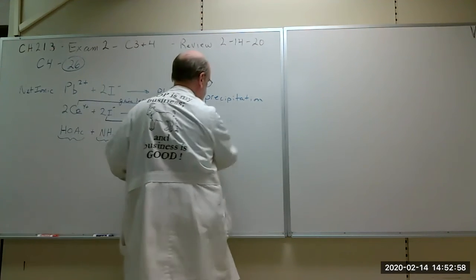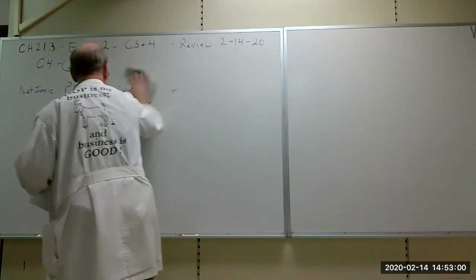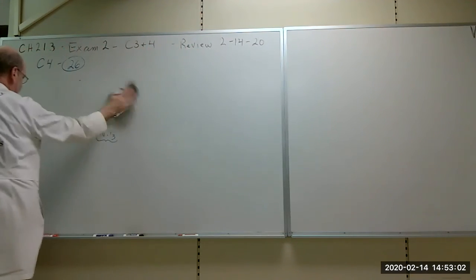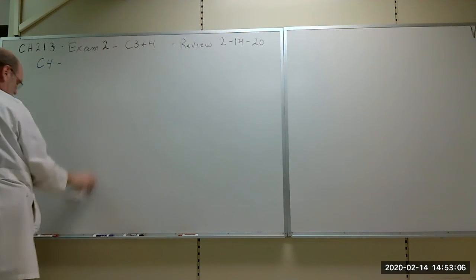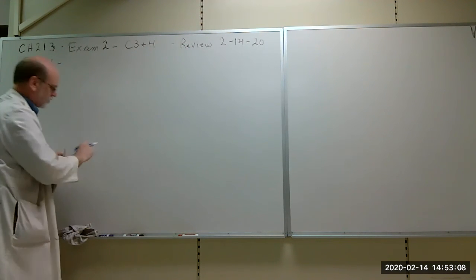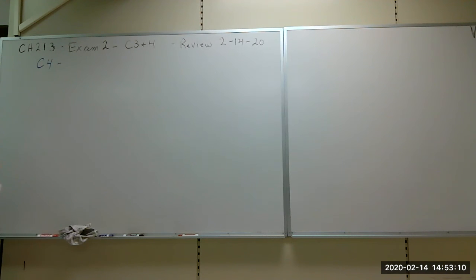Rules for oxidation states. Remember those? I may not get them in the right order, but we'll get them all up here. In order to calculate an oxidation state, which is not necessarily a charge, but it's a way of bookkeeping our electrons so we know whether they've moved.